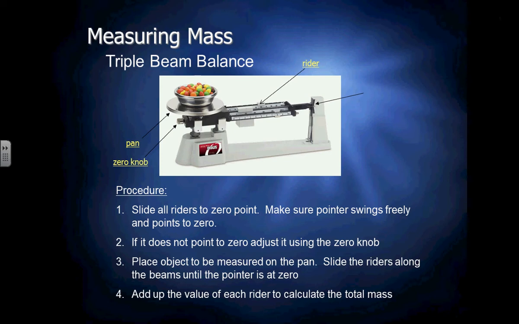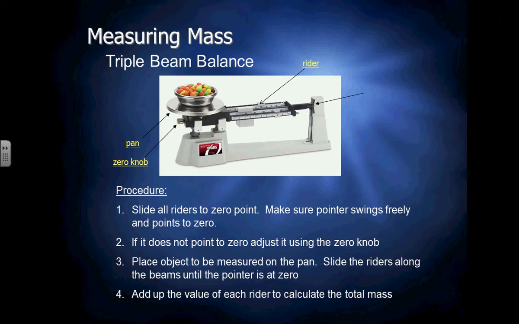We also have a knob over here, a zero knob. Before you measure an object, you want to make sure that your balance is zeroed, which means with nothing on the pan and all of your weights at zero, this pointer should line up exactly at the zero mark. This one's a little off.